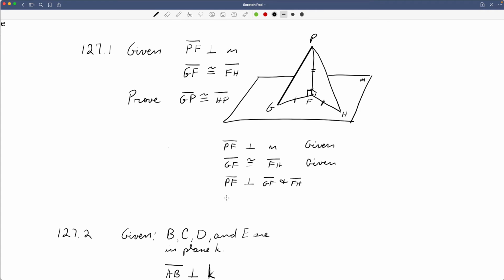All right, and so then we would say, because of that, angles GFP and HFP are right angles. So the measure of angle GFP and the measure of angle HFP equal 90 degrees, not percent, degrees.